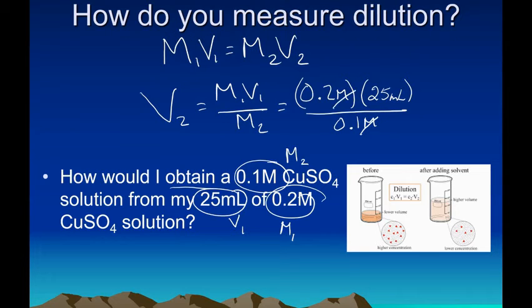Notice my molar cancels. So 0.2 divided by 0.1 is 2, times 25. I am going to need to dilute to a volume of 50 milliliters by adding 25 milliliters of water.